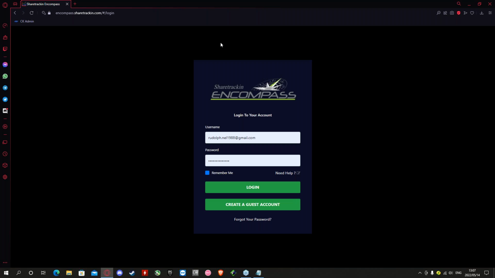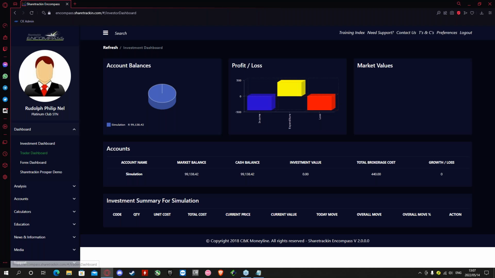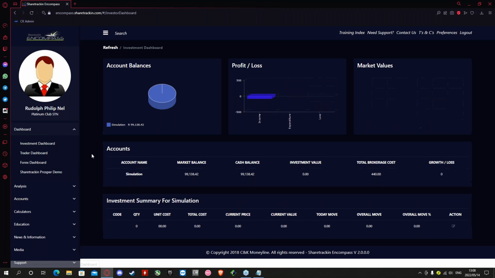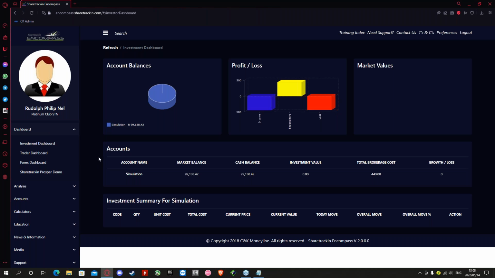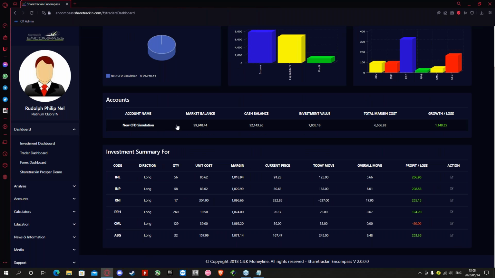Okay, so let's go into the software, and we're going to start on our trader dashboard immediately. The trader dashboard is more or less the same as your investment dashboard. The investment dashboard looks the same as what your trader does. So this is our current CFD portfolio that we're running on.